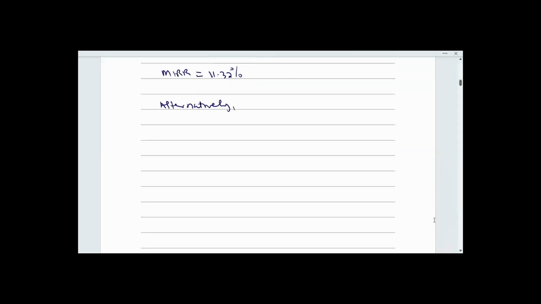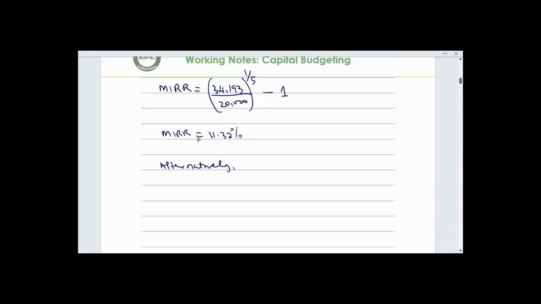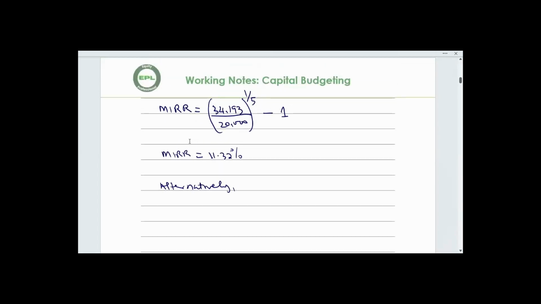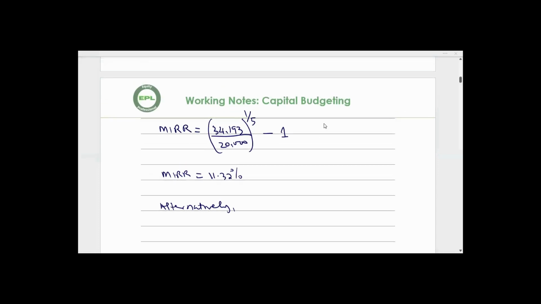Sorry, sir, I didn't get this 11.32. I first of all divided 34,193 by 20,000, and I now got my figure. I now raised it to power minus 5. It's not minus 5. You can see it's 1 over 5, not minus 5.